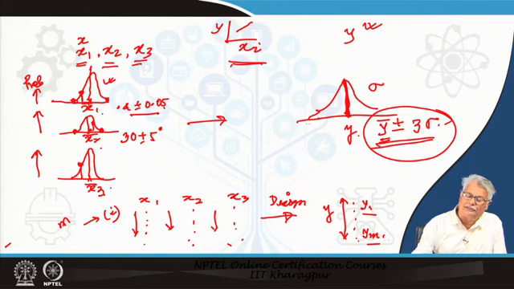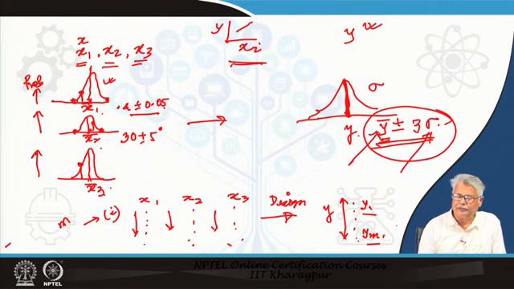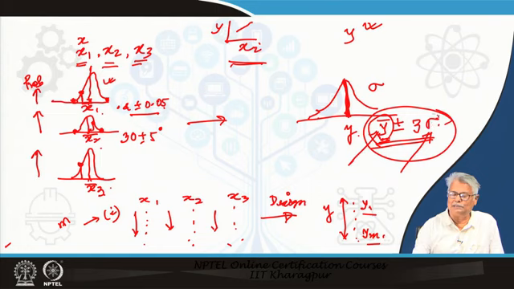So if you have this plot and you specify y and the sigma value of your output for different outputs, you definitely can say that most probably you are going to operate with a value of y bar with this particular design, but there may be some variation with respect to y, which could be plus minus 3 sigma in this case.